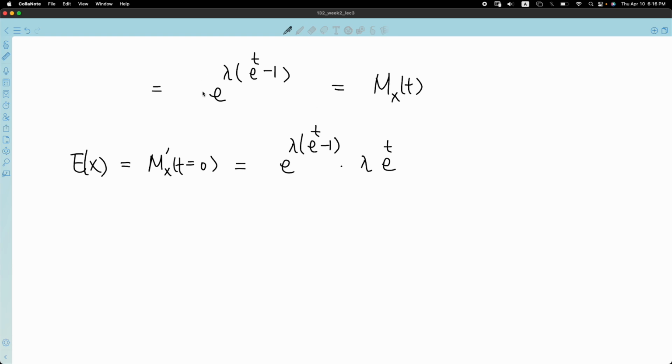What we're doing here is taking the derivative of this with respect to t. First of all, itself should appear in the derivative, so we make one copy of itself. Then we take the derivative for the power term. The lambda here is a constant, so we have a lambda in the derivative.